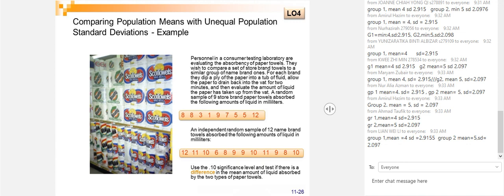We call brand A and brand B. So they have 12 samples. They observe how many milliliters, 12, 11, 10 and so on. So they have two types of toilet paper ataupun towel. So they want to use 0.10 significance whether this group A and B is different or not.